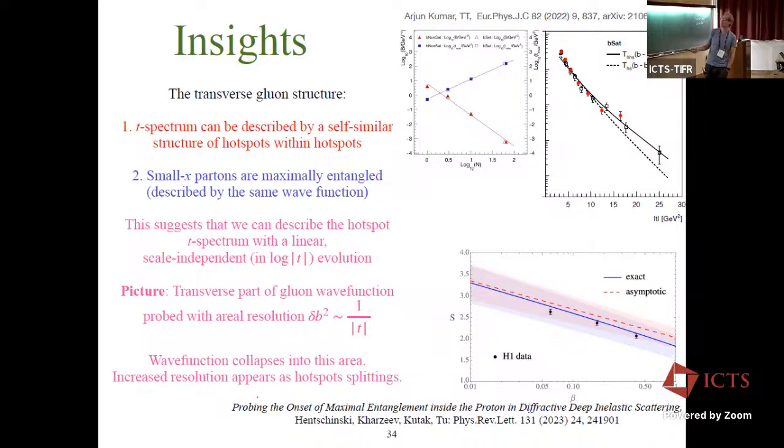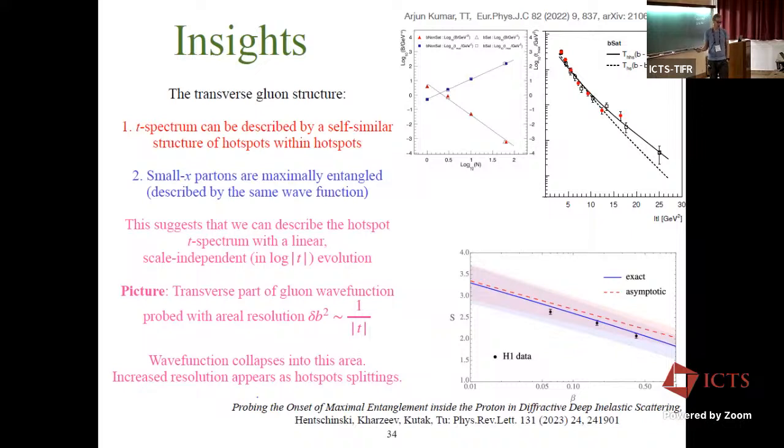Another insight is this recent PRL, where they show that if they look at the final state hadron correlations in DIS at small x, the result is consistent with a maximally entangled state. So they get maximum entropy in the correlations.